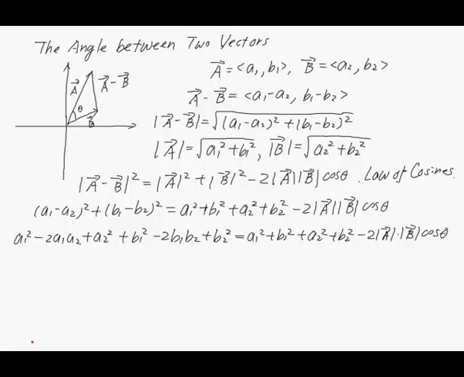So now the squares cancel: a1 square cancels, b1 square cancels, a2 square cancels, b2 square and b2 square cancel. Then we just get negative 2 times a1 a2 minus 2 times b1 b2 equal to negative 2 times the magnitude of a times the magnitude of b times cosine theta.